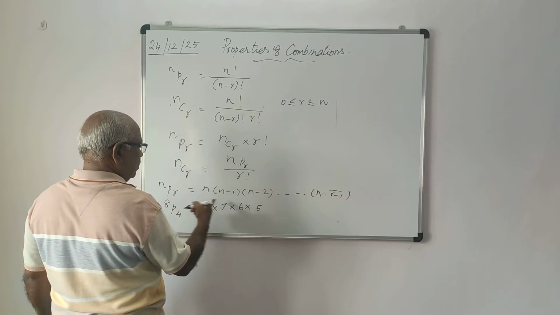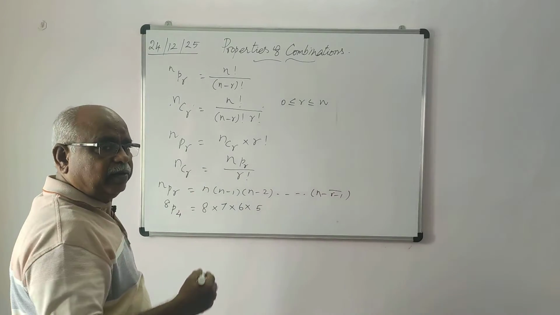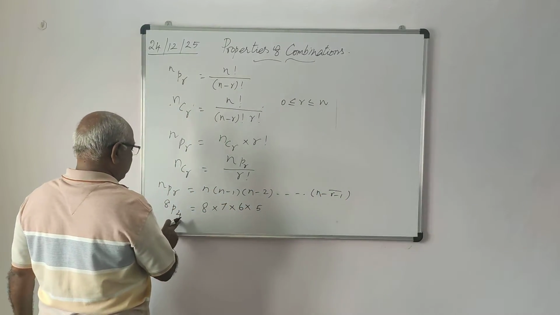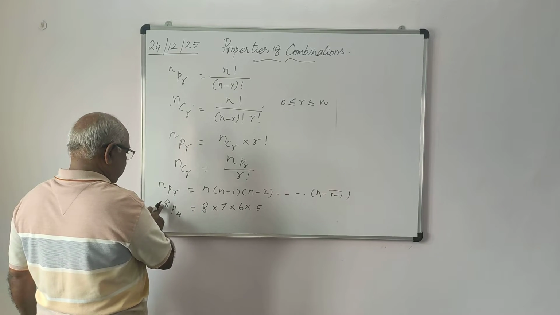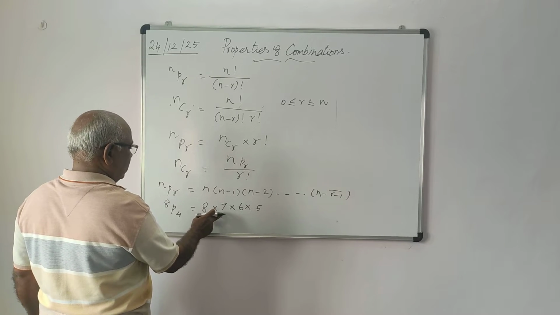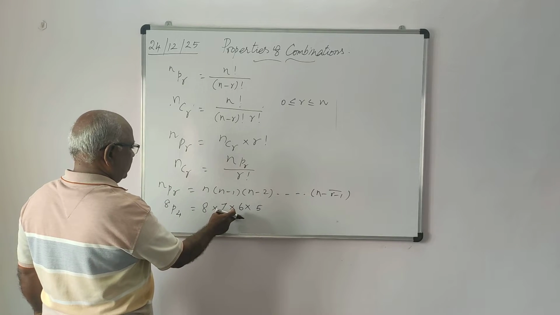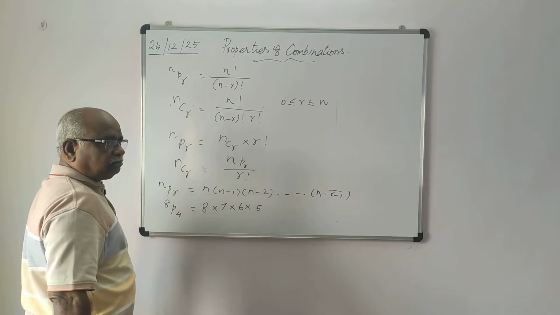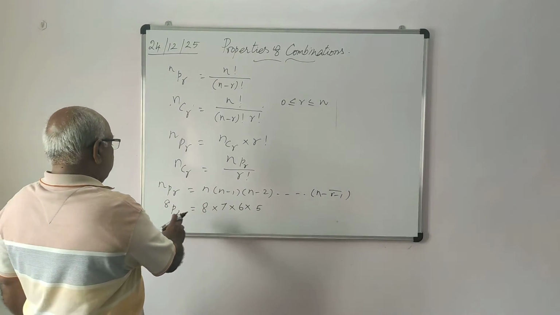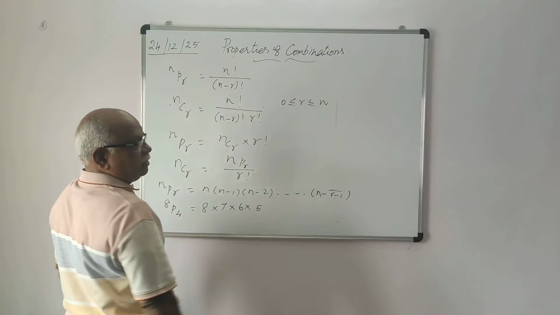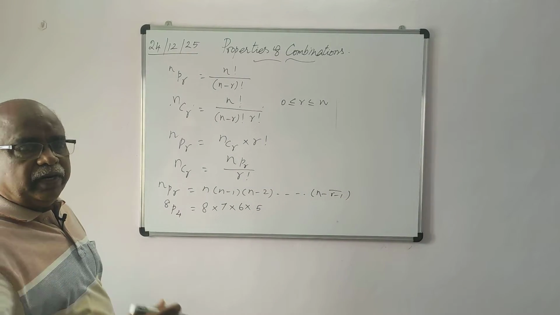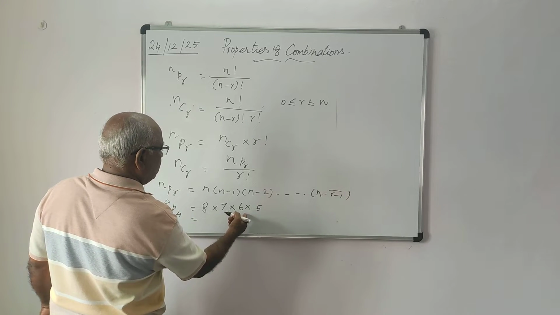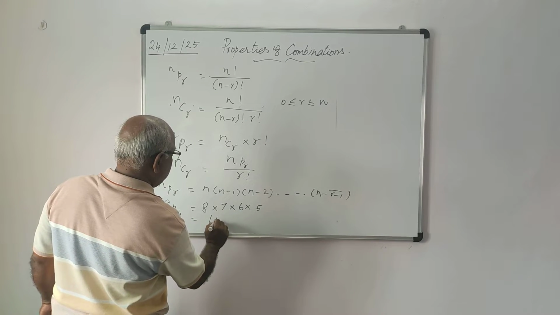Here r is 4 and n is 8. If r is 4, we multiply 4 terms by reducing 1 successively. It is nothing but 1680.